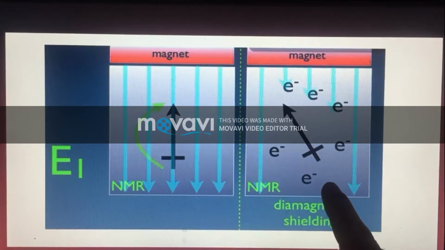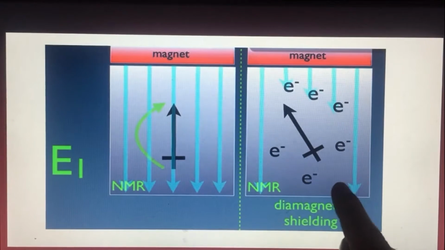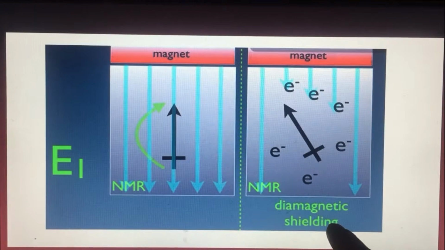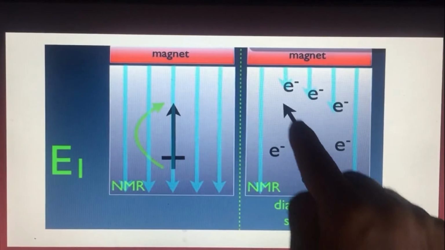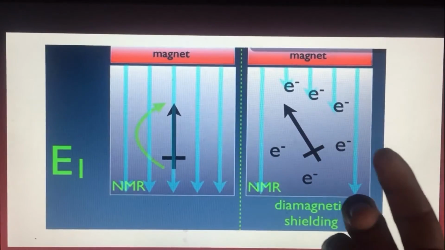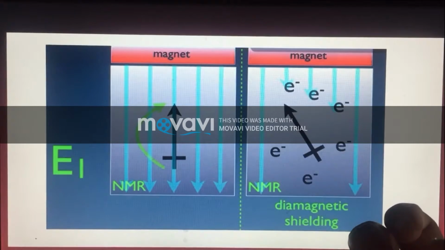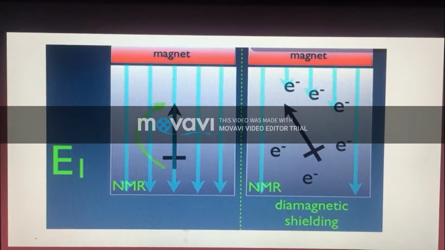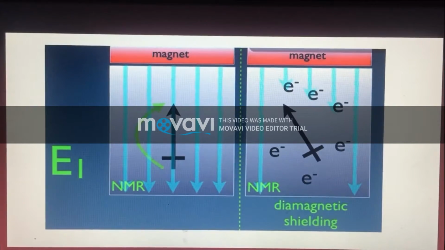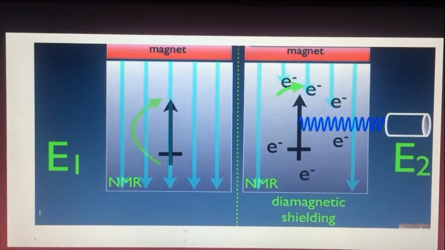But in this case, because of diamagnetic shielding, the nuclei is already oriented like this. So the energy required to flip into the resonance state, that is the alpha state, will be less. It will be more clear on the next slide.